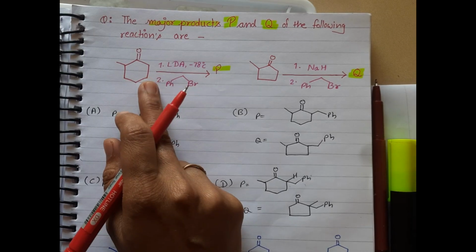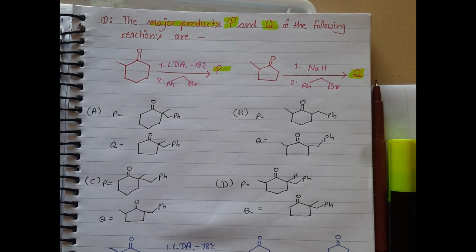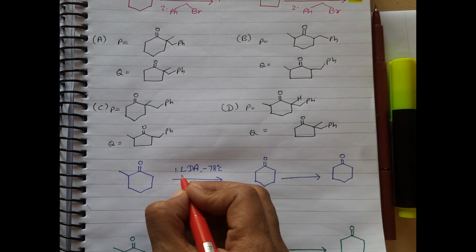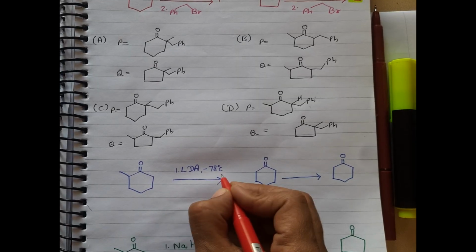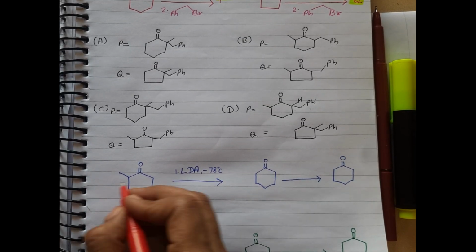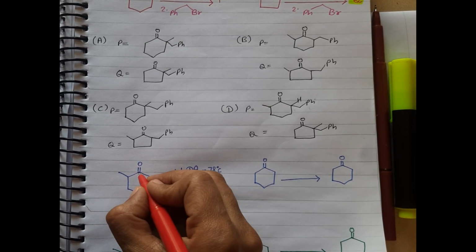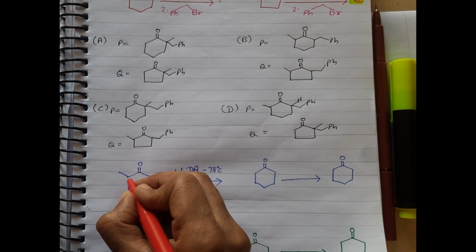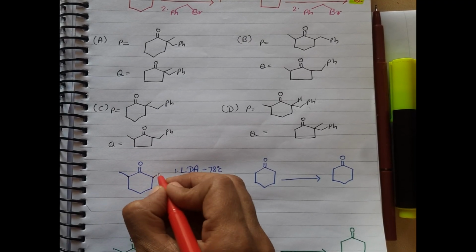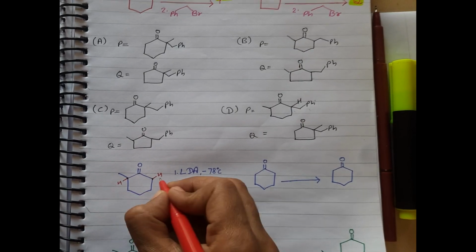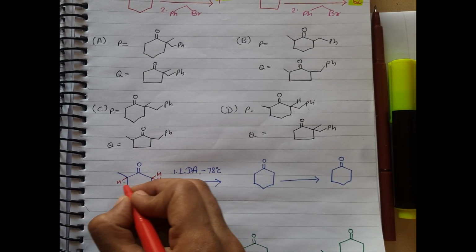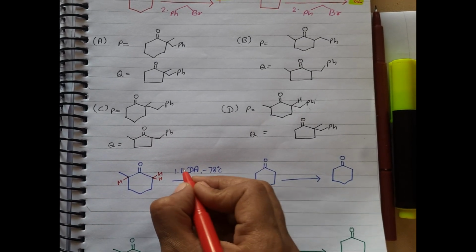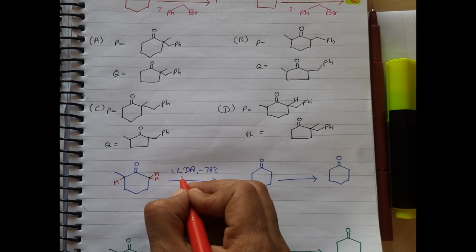So we start with this question. In the first step, this cyclic ketone is treated with LDA. Here we see that attached to the carbonyl, two carbons are present and both carbons have alpha hydrogens. But LDA only takes the less hindered proton.